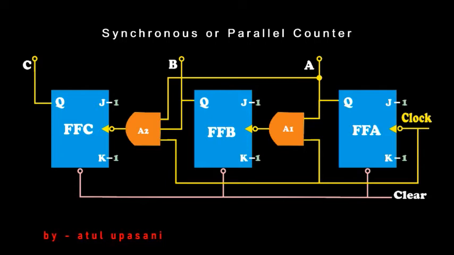So the clock pulse for flip-flop C depends on the outputs of flip-flops A and B and the clock input. In this way all the flip-flops get the clock pulse simultaneously.